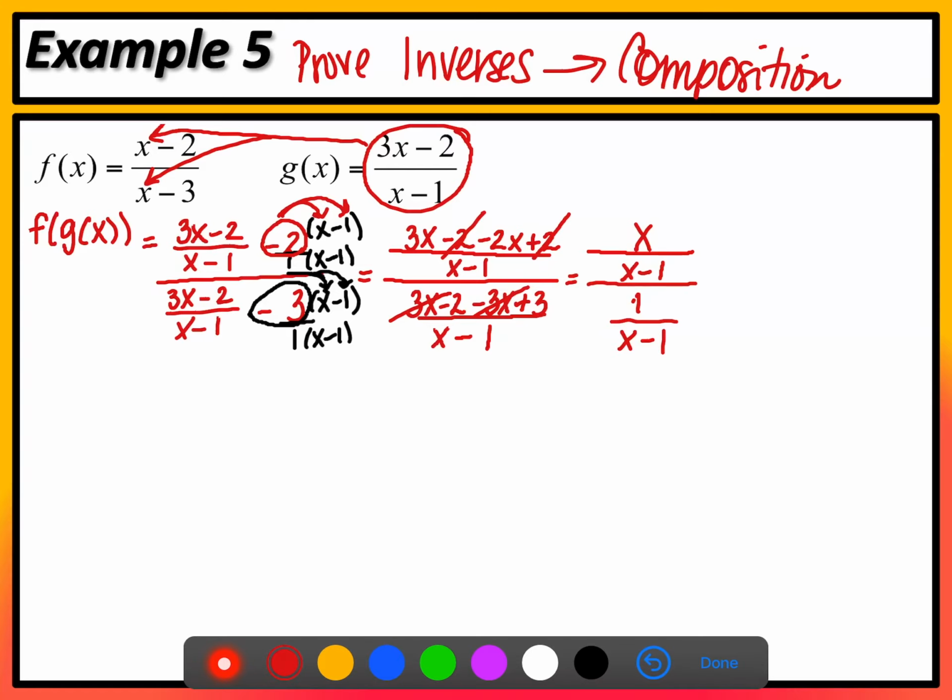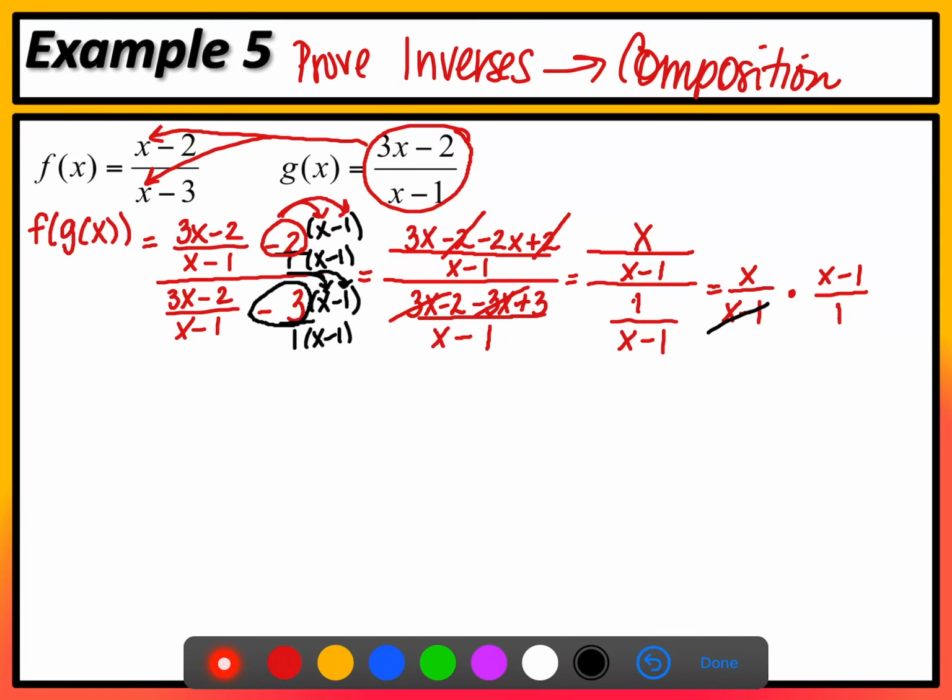So now at this point in the problem, since we have a combined fraction on the top and a combined fraction on the bottom, we can do keep, change, flip. Okay, so that's multiplied by the reciprocal. So we keep the numerator, and then we multiply by the reciprocal of the denominator, which is not x, sorry, it's 1.